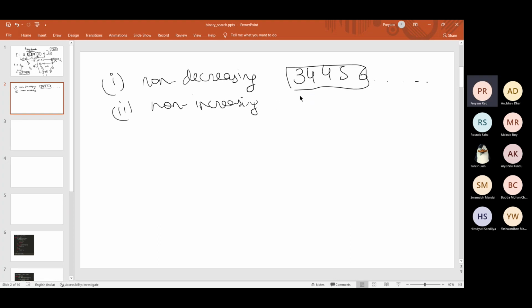That means it's 4, 4, 3, 2, 1, something like this. So this is a non-increasing array. So whenever you find a non-decreasing array or a non-increasing array, then you can apply binary search to it. Right? Are there any doubts up to this point?